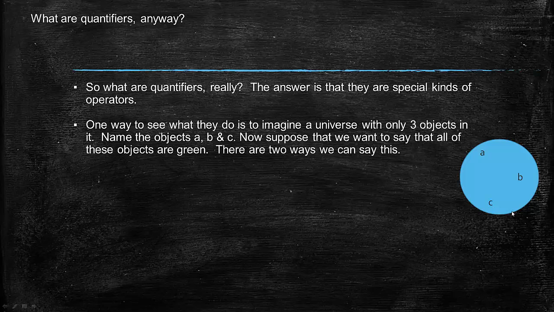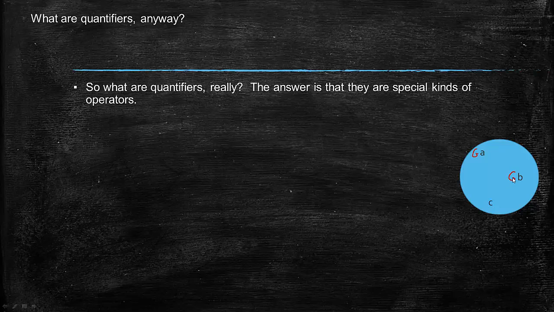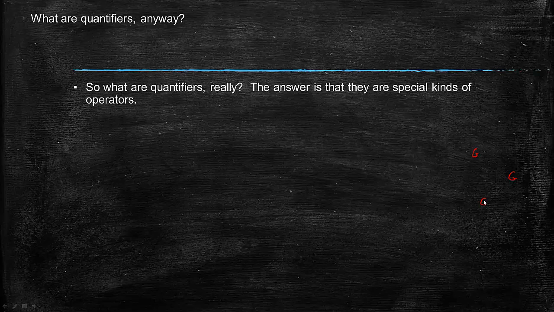Now, suppose we wanted to say about this universe that all of the objects are green. Every single one is green. So A is green, B is green, and C is green.